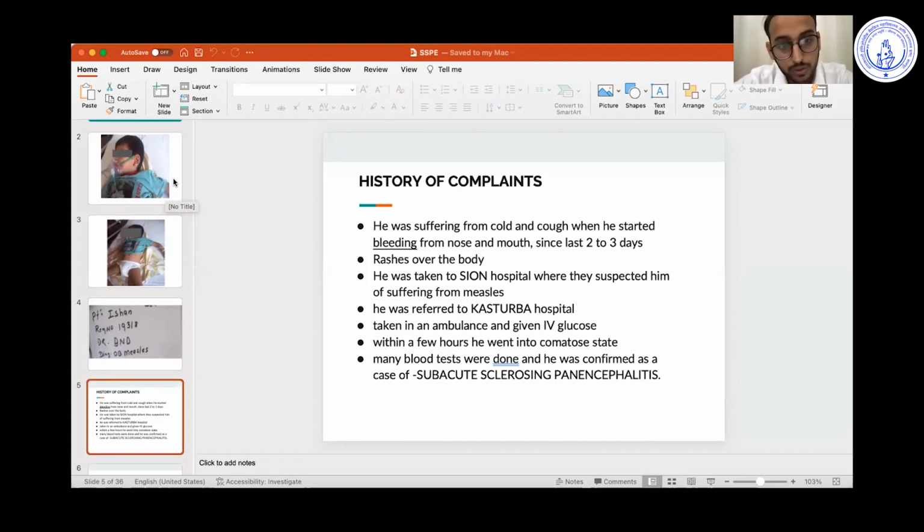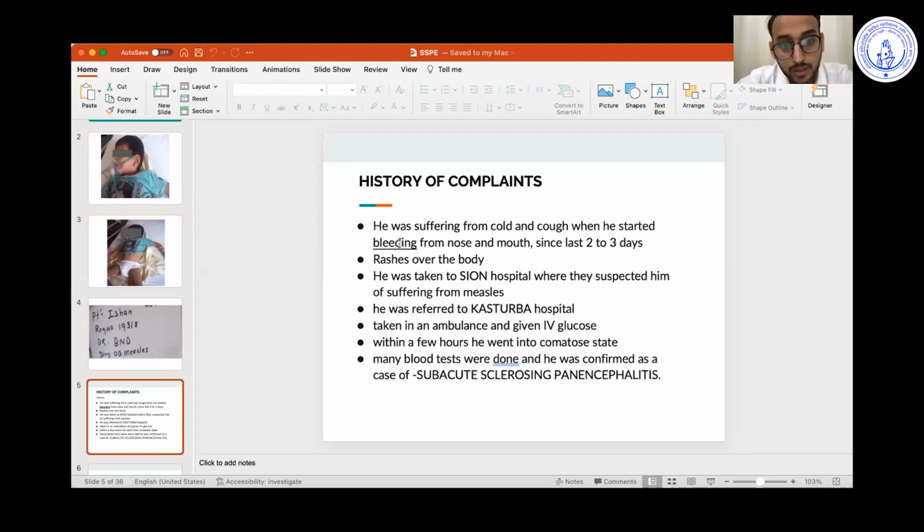The child was already suffering from cold and cough, and at the same time he also had bleeding from nose and mouth. He also had rashes all over the body. So he was taken to Sion Hospital by his parents, where doctors suspected that it could be a case of measles.